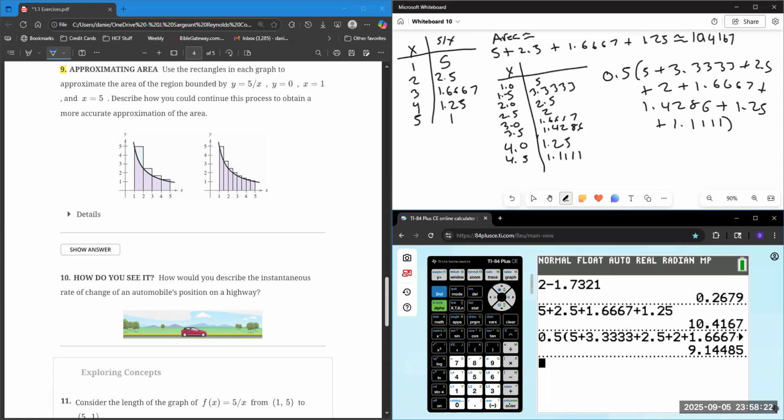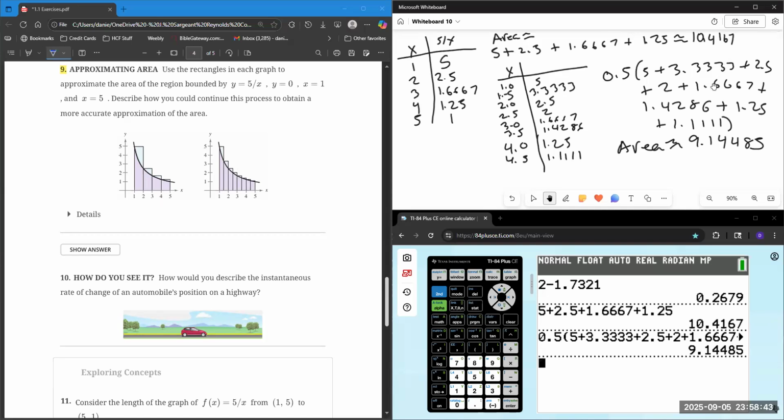And then we get an area here of approximately 9.14485. And we can compare those. We're getting a better approximation here.